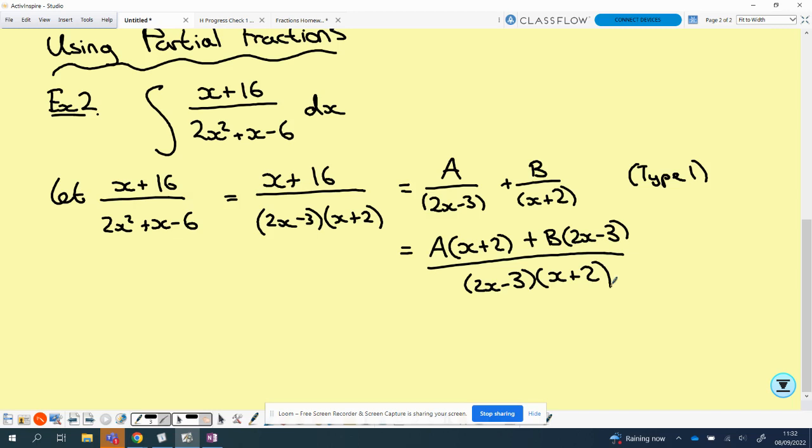Okay, so that's just from partial fractions earlier on in the course. Right, we then equate our numerators. So x plus 16 equals A bracket x plus 2 plus B bracket 2x minus 3.